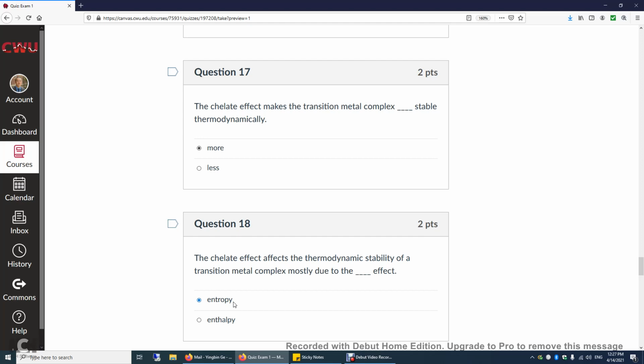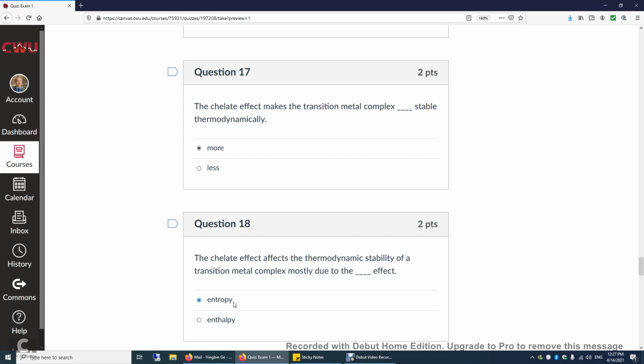That means when you have, for example, 1,2-diaminoethane to form a transition metal complex with a transition metal center, you can imagine that, how about this? You start from a metal bonded to 2 separate ligands, each with a nitrogen atom as the point of attachment. Now you replace these 2 ligands with only 1 ligand, right?